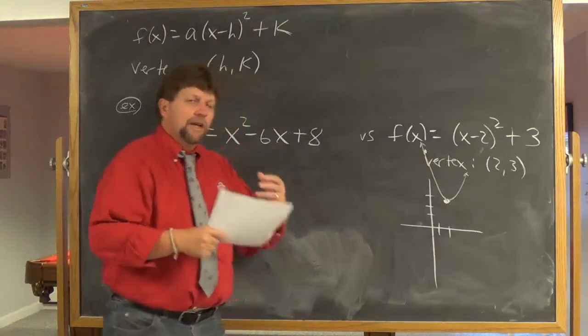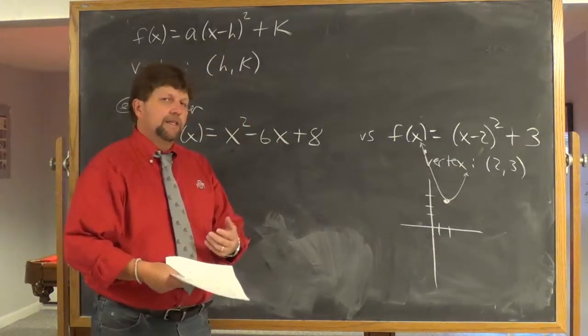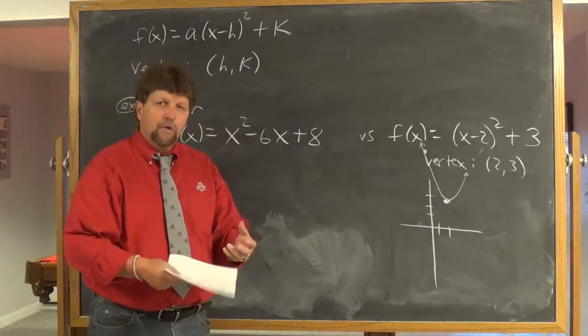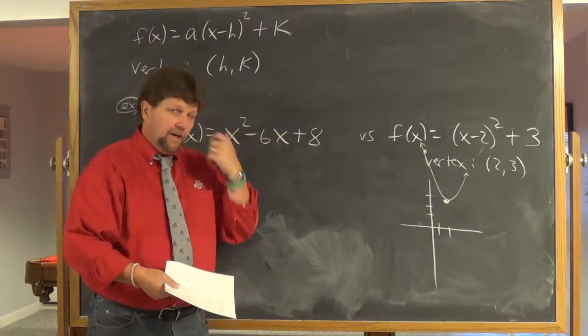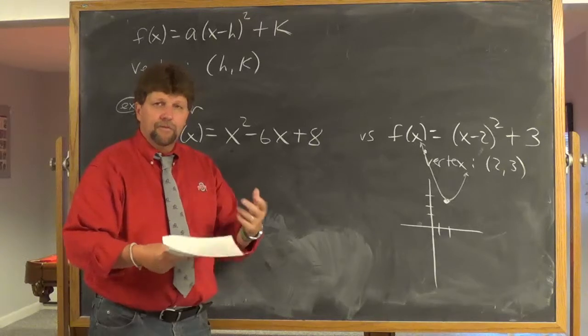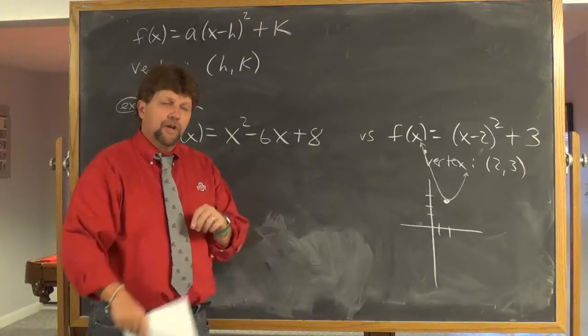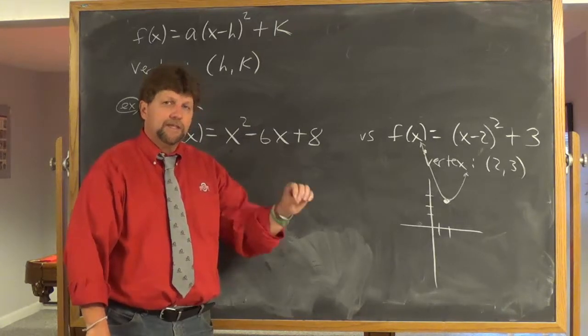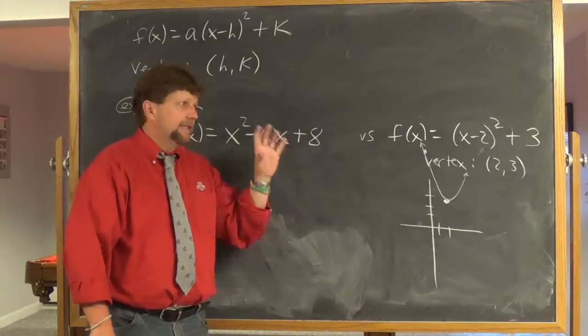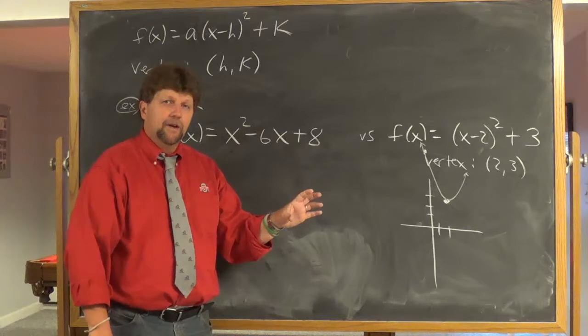So in summary, at the beginning of this chapter, you're going to see a lot of stuff about quadratics and graphing parabolas. I consider that there are two types of forms. The first form I showed you, f of x equals ax squared plus bx plus c, and I worked out an example on how to do that graph.